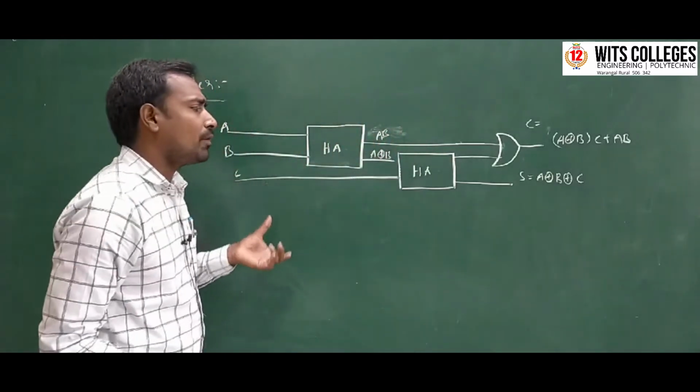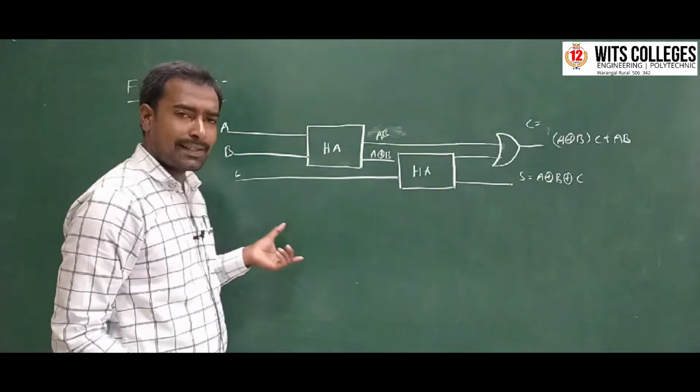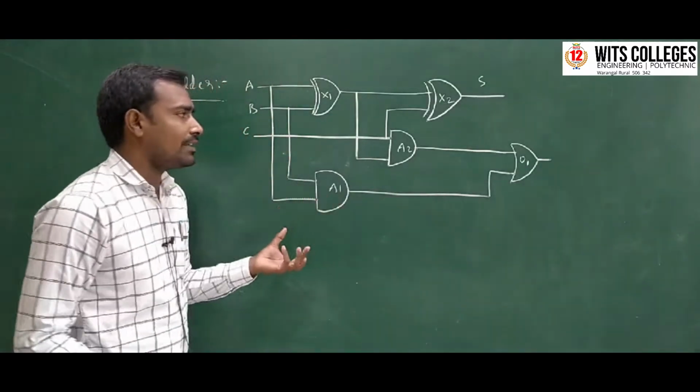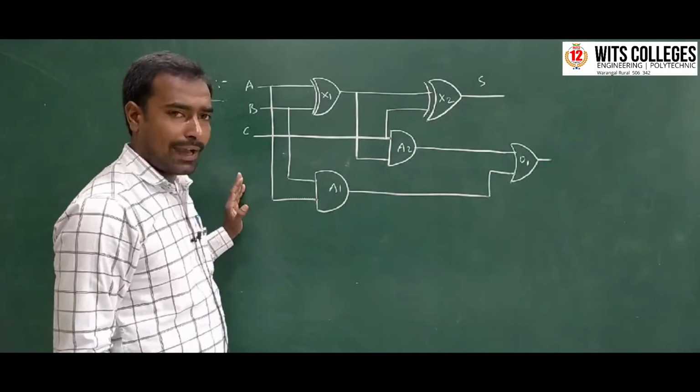So this is the basic block diagram of the full adder circuit by using two half adder circuits. This is the basic logic circuit of the full adder circuit.